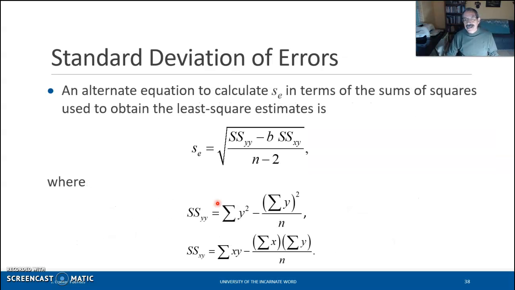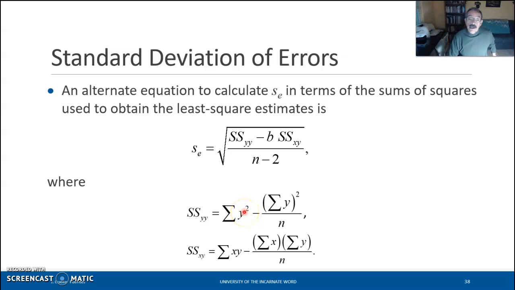A better alternative, given what we have calculated already to find the a and b estimates, is to use this equation of the standard deviation of the residuals. Here we use the sum of squares of y minus the estimate of the slope times the sum of squares of xy, divided by n minus 2.